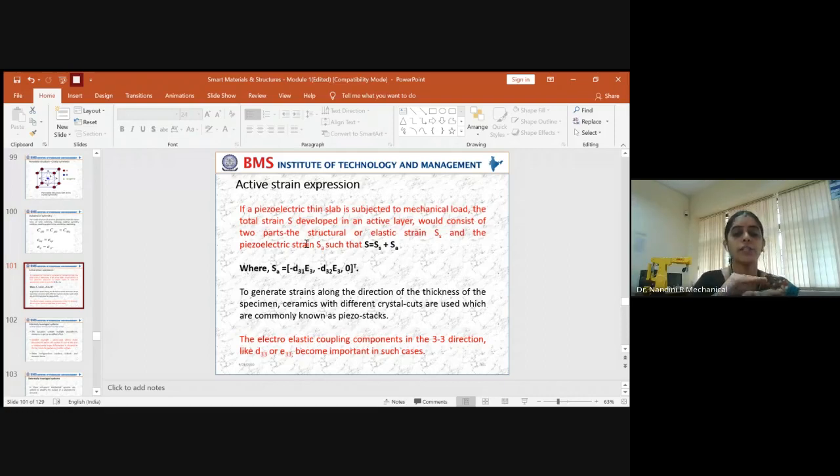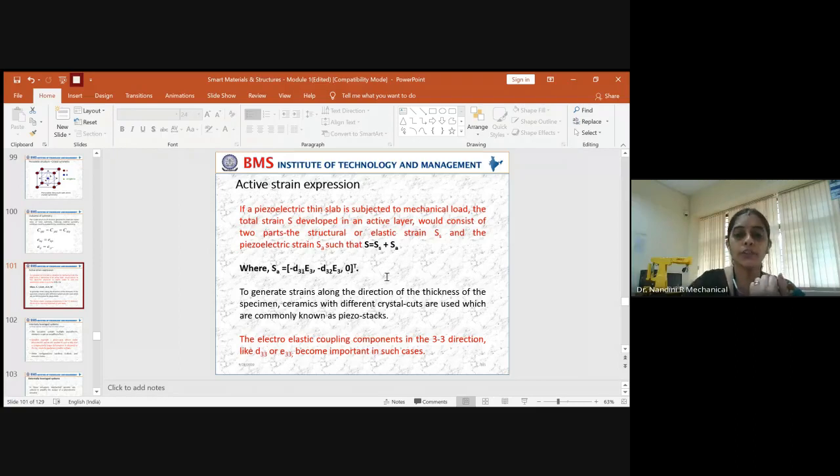Okay, if you just see my hand as a structure or the substrate, above this substrate a thin layer of piezoelectric film will be applied. So when you apply the load, even the structure gets deformed along with the piezoelectric layer. So the strain induced in the structure will be different and the strain induced in the piezoelectric material will be different.